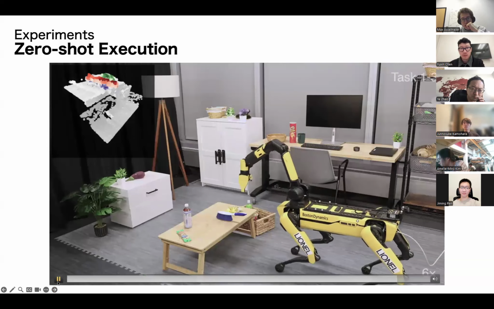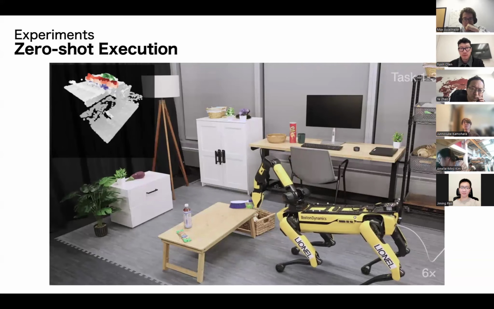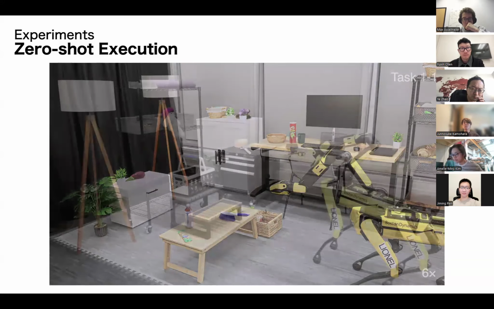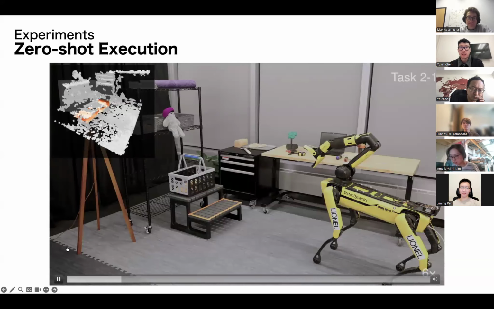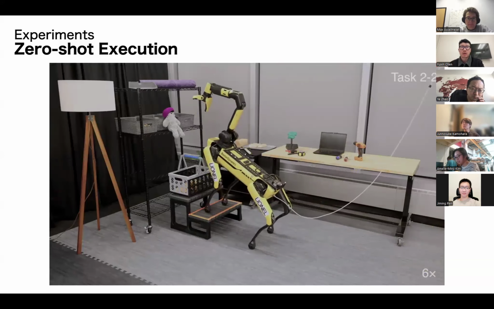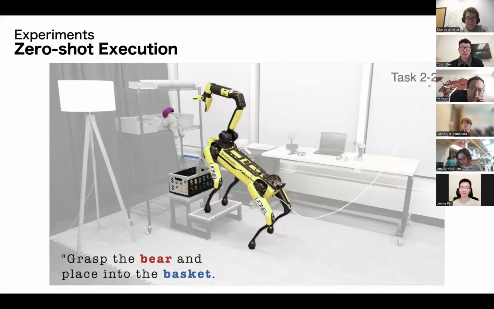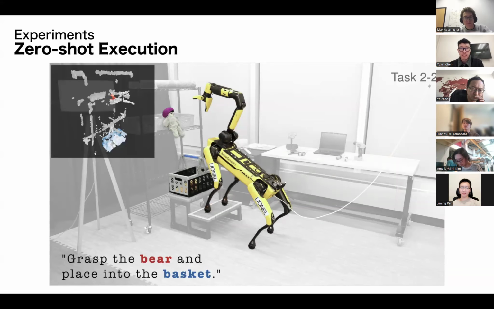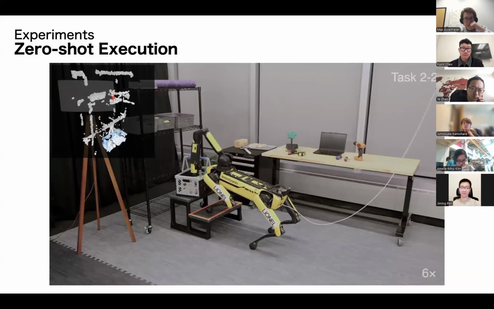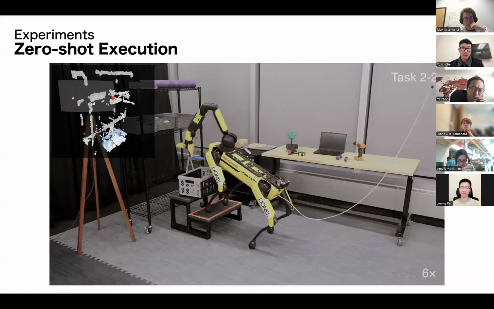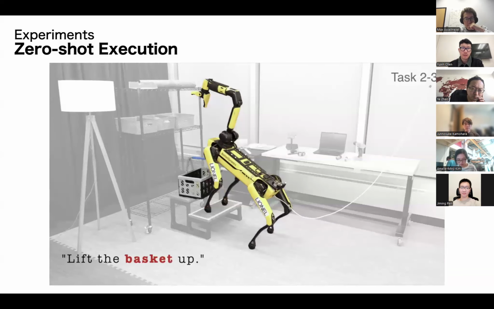So yeah, this is the rollouts. Okay. So in this case, it's another one. Try to step on the stairs, grasp the doll, the bear, and place it into the basket. And then lift up the basket.